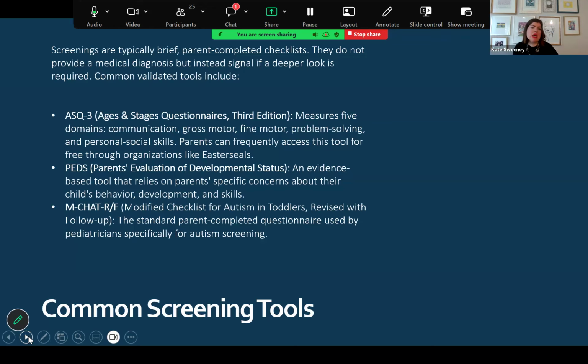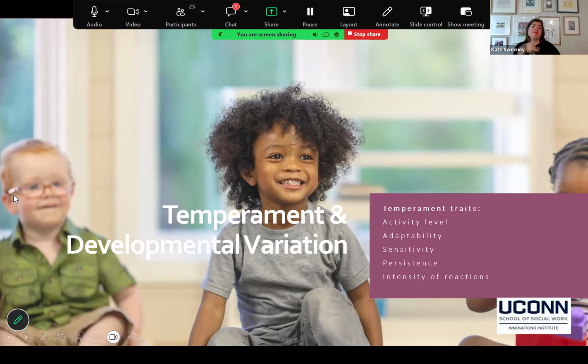I'll say that with that caveat. And then the M-CHAT, or the Modified Checklist for Autism in Toddlers, the recommendation is that it's done universally at 18 and 30 months, I think, just to be a baseline screener for autism or neurodiversity concerns.